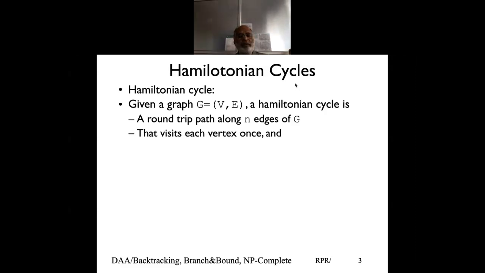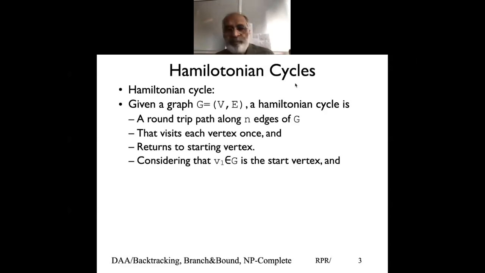The primary requirement is that once you visit a vertex, you don't visit it again. Any vertex can be part of the cycle, so it is always a kind of cycle.